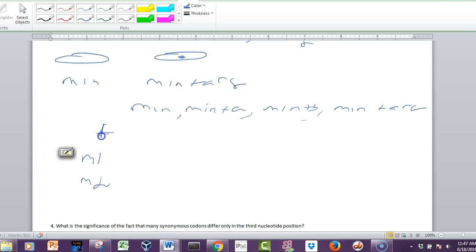Now wild type yeast, or in this case Neurospora, these are all on different plates.